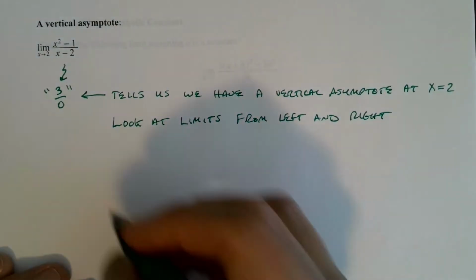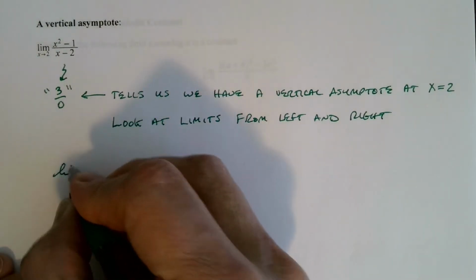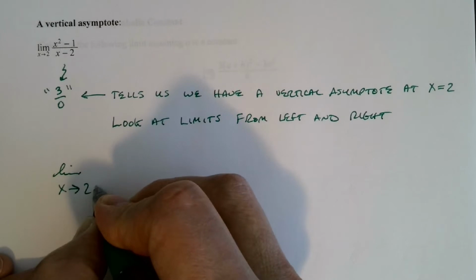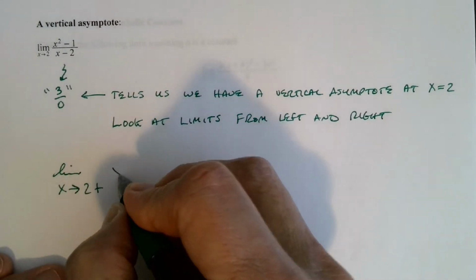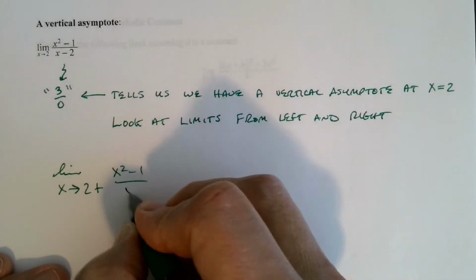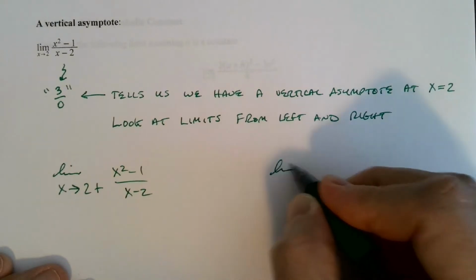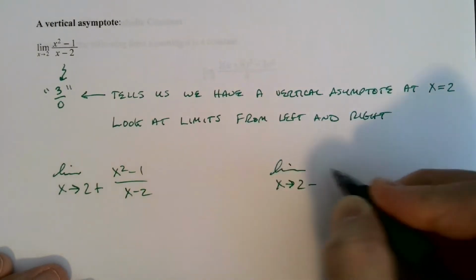Okay, and so what I need to immediately take a look at is what's the limit as x approaches 2 from the right, from the positive side of this function, and what's the limit as x approaches 2 from the negative side.